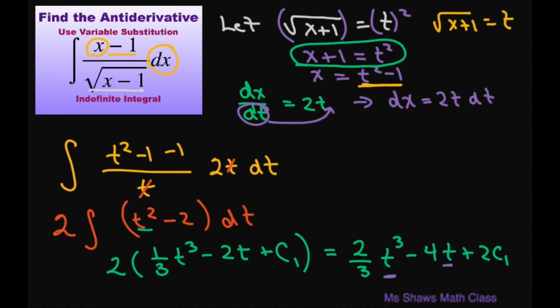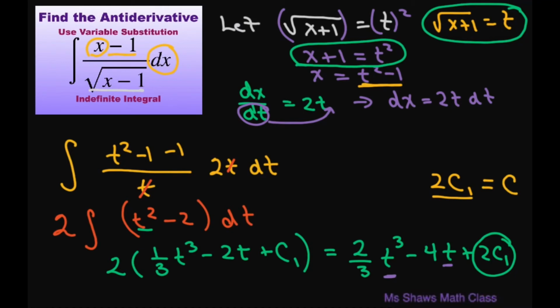So we know what t is. t is the square root of x plus 1. So that's what I'm going to substitute in here. I'm also going to look at that 2 c1. This is an arbitrary constant, so it can equal an unknown c. So we're just going to rewrite this as c.